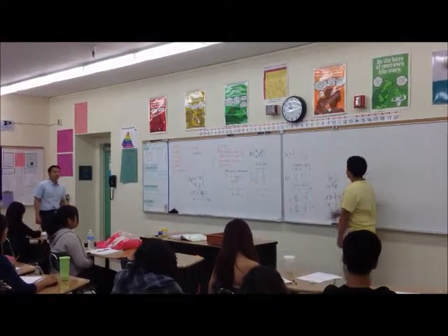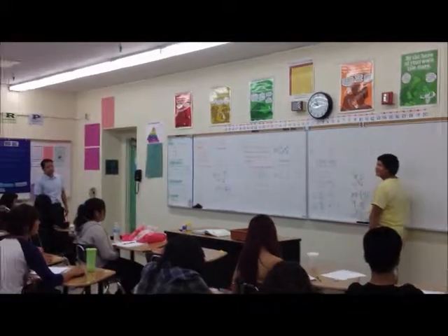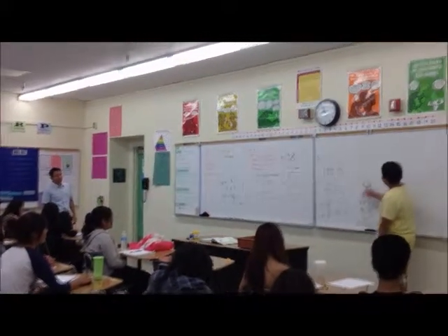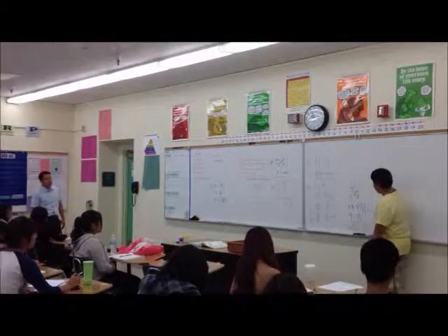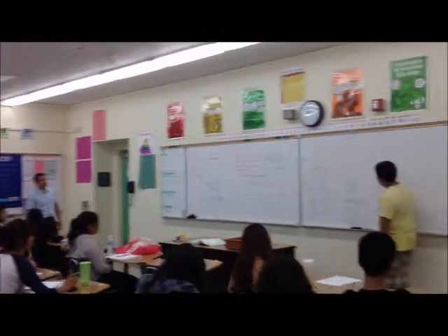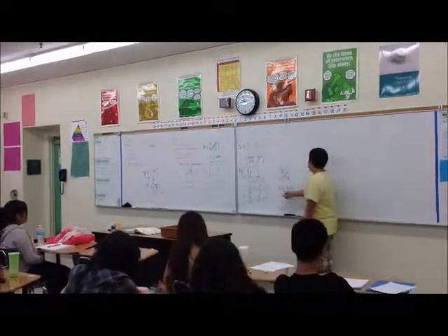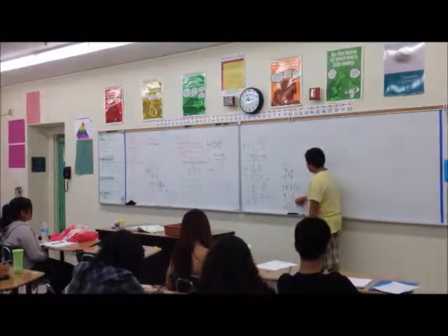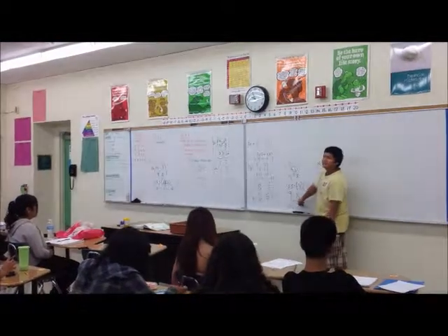So I got the x and the y's. And then I cross multiply 3 times 3 minus negative 4 times negative 2. So 3 times 3 is 9 minus negative 4 times negative 2, which is 8. So the determinant is 1.